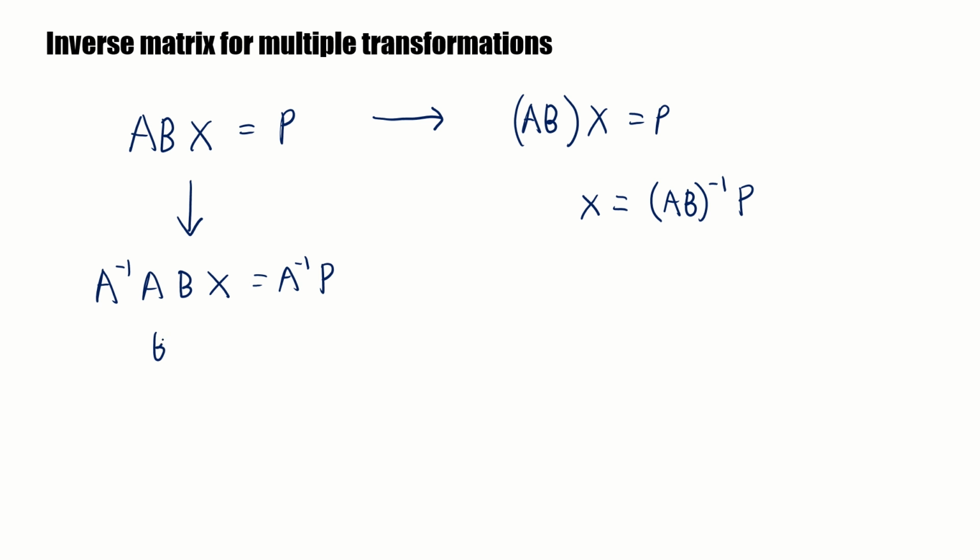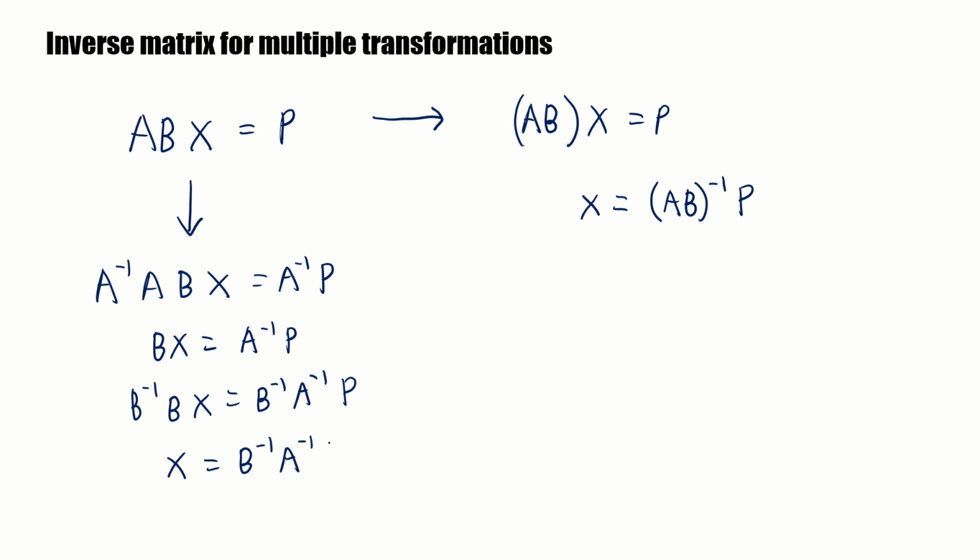That will result in Bx equaling A inverse P. But then if we also want to undo the matrix B, we have to multiply the front of both sides by B inverse, again so that B inverse and B are next to each other in order to allow them to cancel each other out. That will mean that X ends up being equal to B inverse A inverse lots of P.